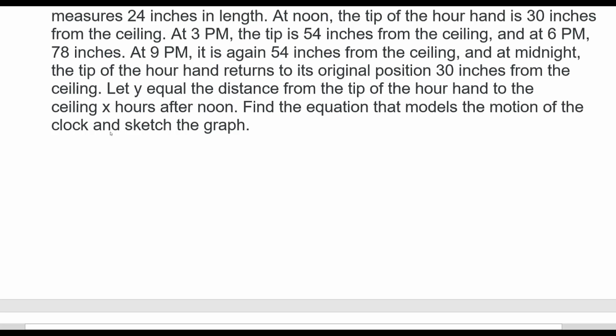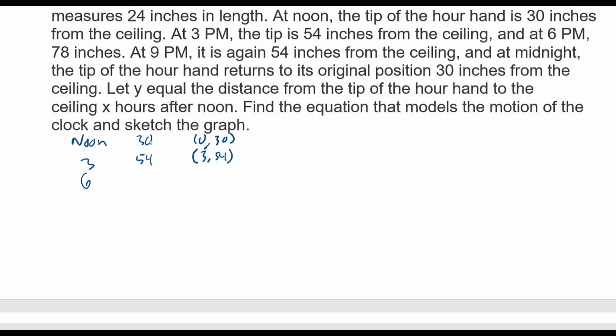Okay, so we have noon. It's 30 inches, so that'd be 0, 30. At 3, it's 54 inches, so we have 3, 54.